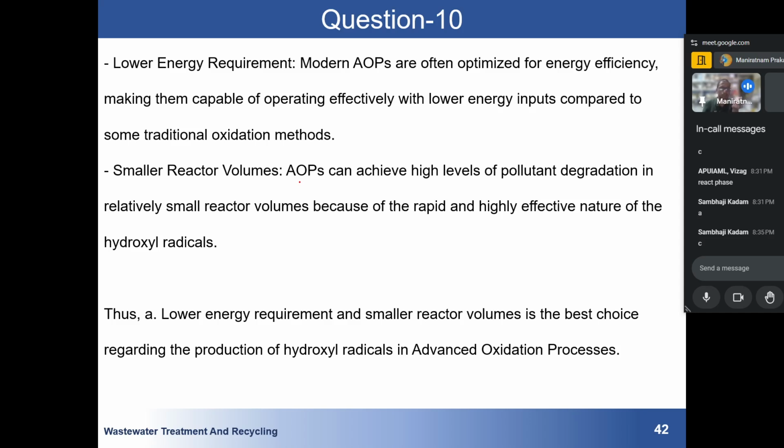Remember, these pollutants are in the form of water and some kind of chemicals. A small volume is required to degrade our pollutant, and the energy required is also low, so lower energy and a smaller volume is the best choice regarding the production of hydroxyl radicals in AOP.